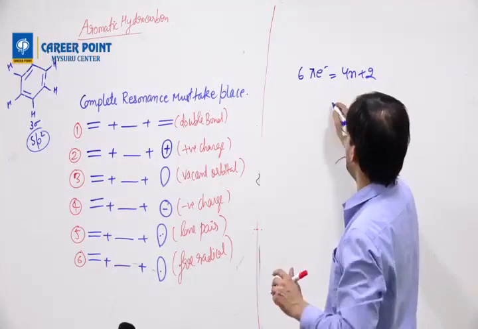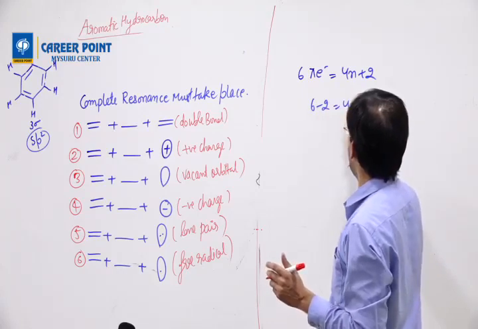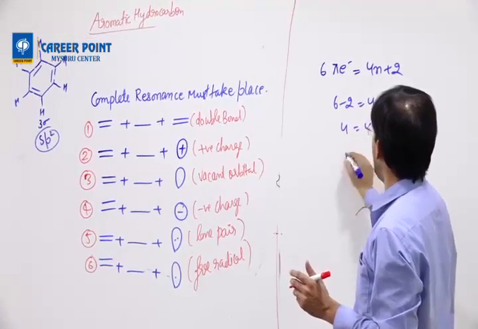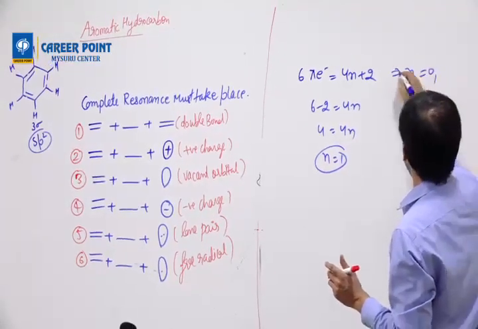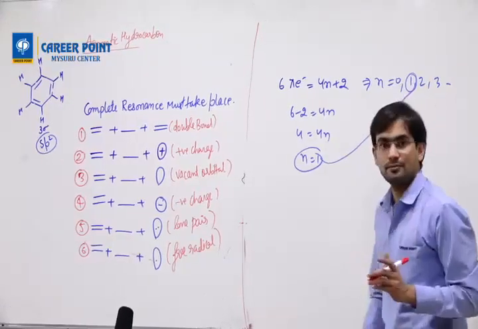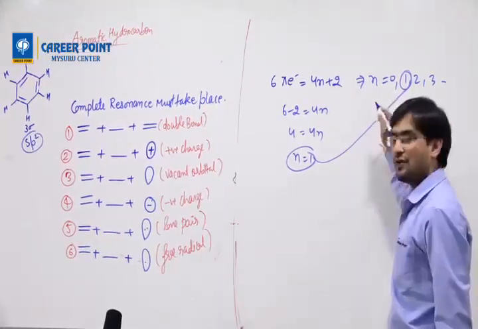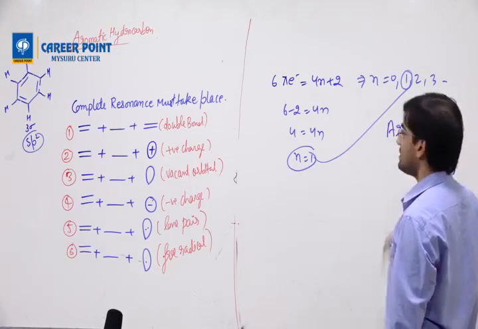I will solve for n. 6 minus 2 equals 4n, so 4 equals 4n and n equals 1. Here n could be 0, 1, 2, 3. So it satisfies the condition, and the compound is aromatic.